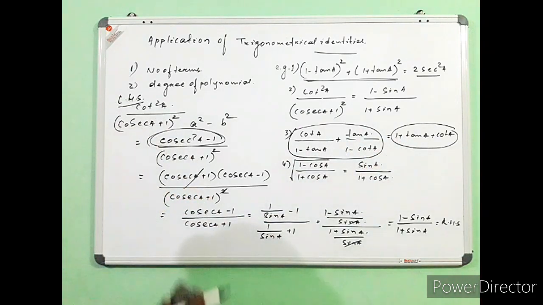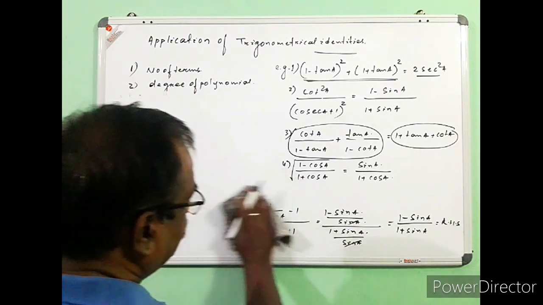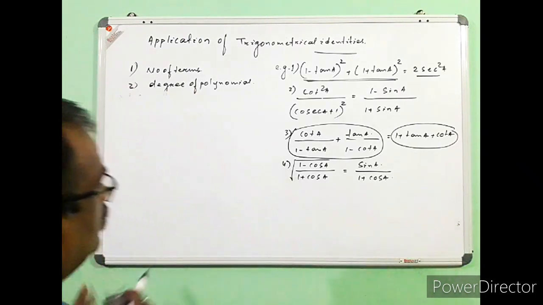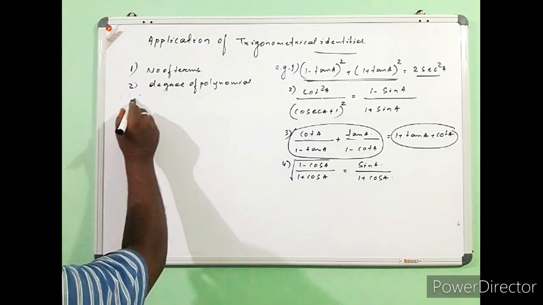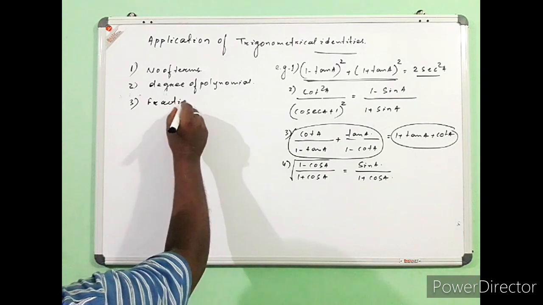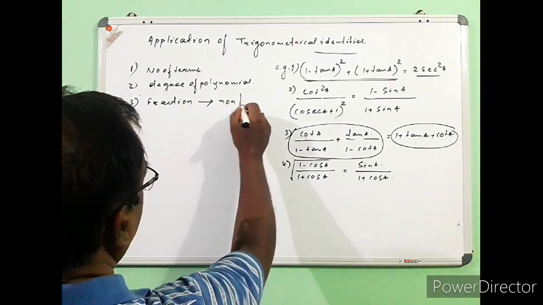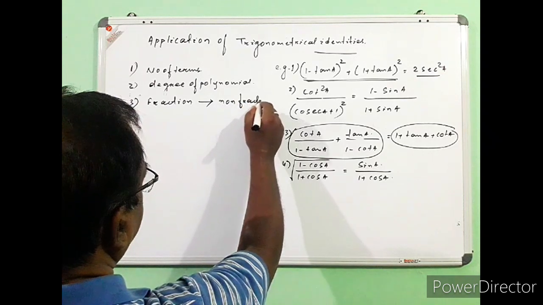So the third factor that you have to remember is whether the terms are given in fraction or without fraction. From my point of view, you go from the fraction to the side where non-fraction terms are there.